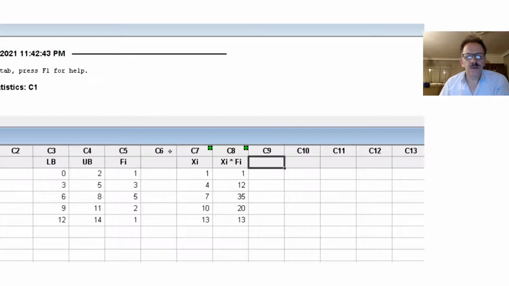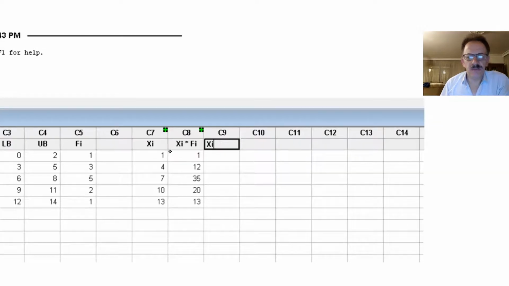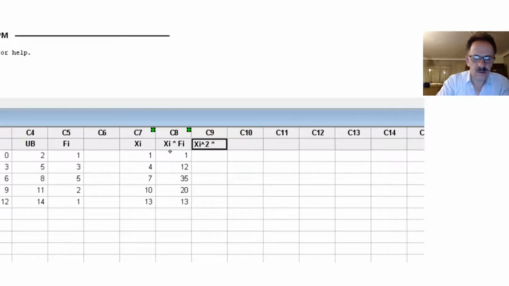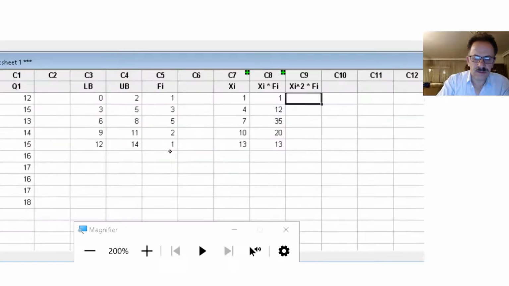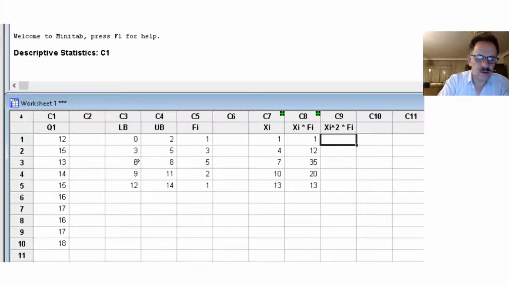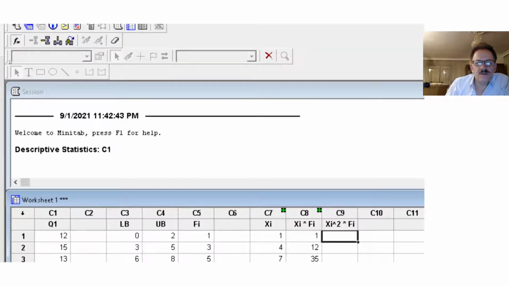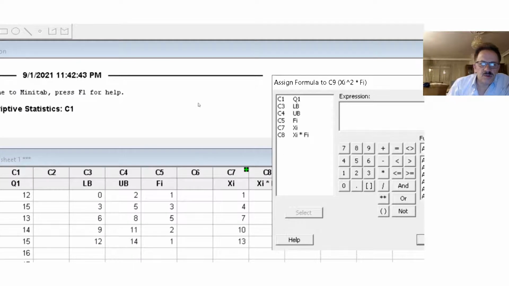Now again, what else we need, I will need to have xi squared multiply fi. So I will have to find xi square times fi. So what that means, this column is equal to the xi column 7 squared times fi. So also I will go to the assign.